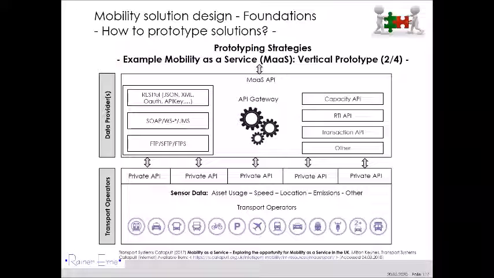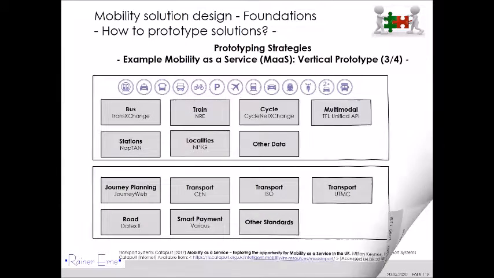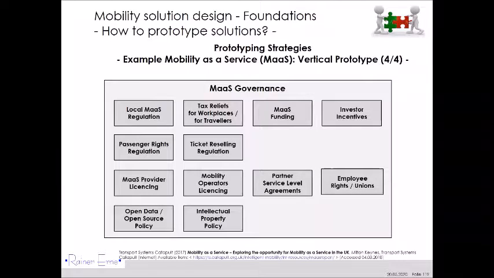But then we have the transport operators who are the owner of the data and who have to provide their data through application programming interfaces to the data providers. And on the basis of everything is then the MaaS governance system, where there are funding regulations, tax reliefs, passenger right regulations, ticket reselling regulations, whatever.